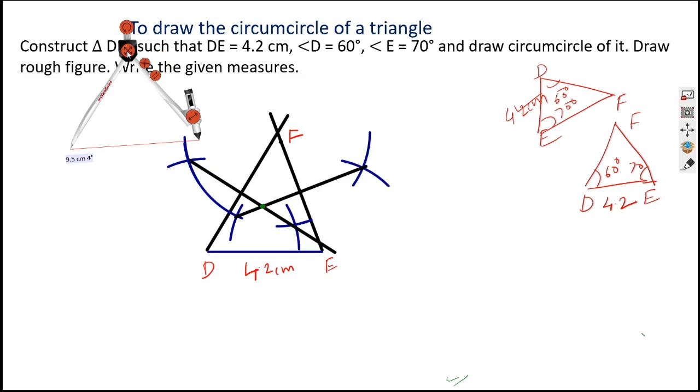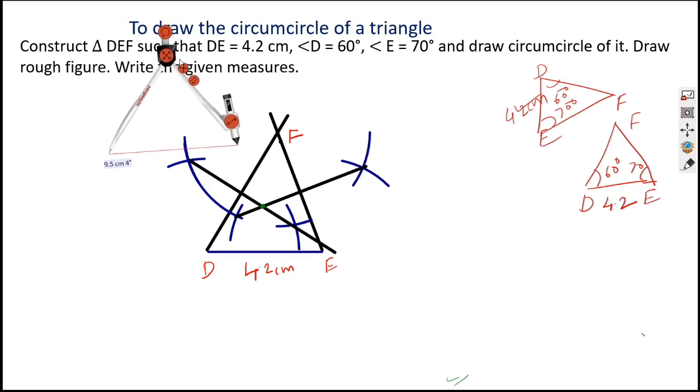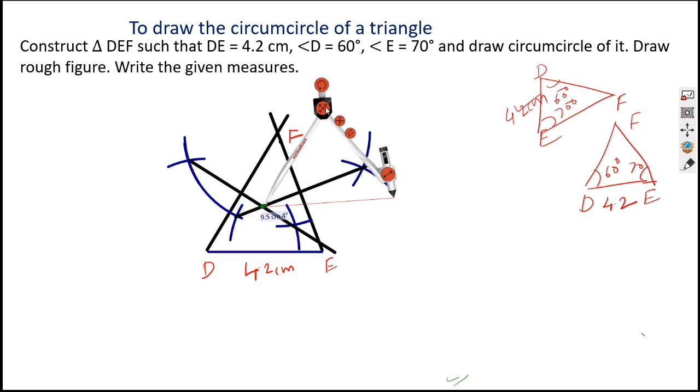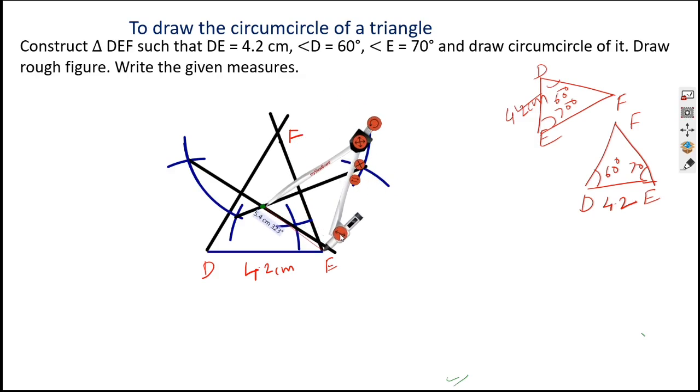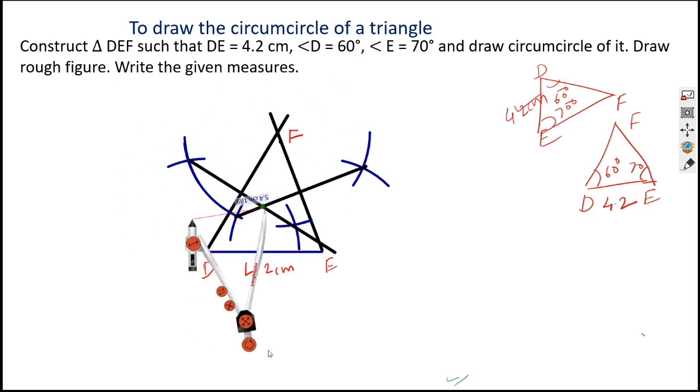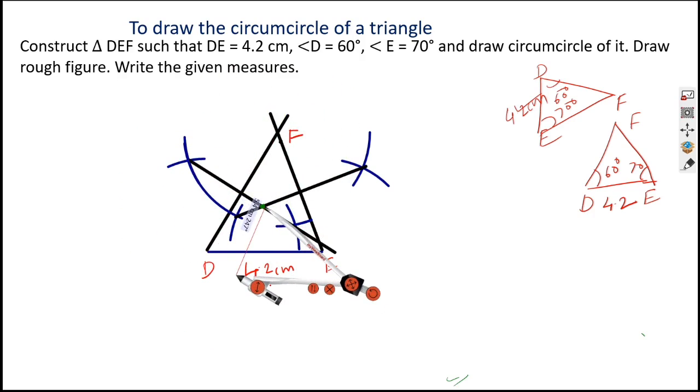For that, the compass to be picked from here, put it here in the common center and take distance to any one of the vertex and draw the circle. That is a way of doing it.